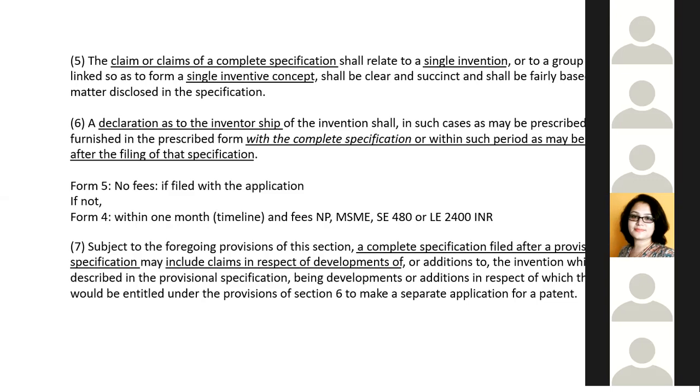So in that condition also they have to file Form 5. Okay, ma'am. And if they do not file it, within 1 month of time, by filing Form 4 you have to file it. And if it is still not filed, if you have forgotten, then at the time of the examination report you will have to file Form 5 along with a petition. Okay, we have to file it with the petition. Yes. Okay, thank you ma'am.